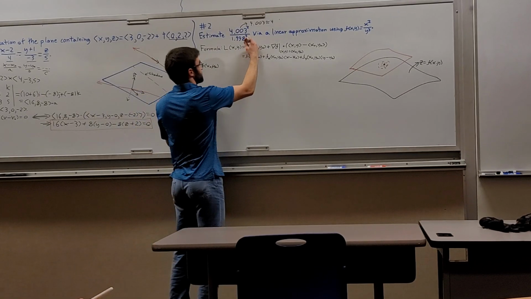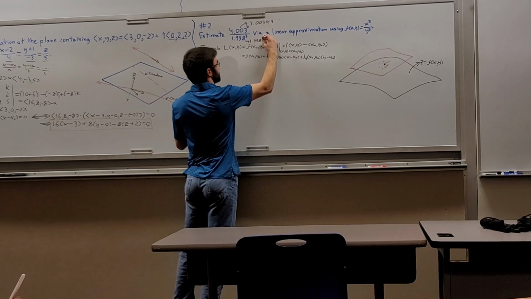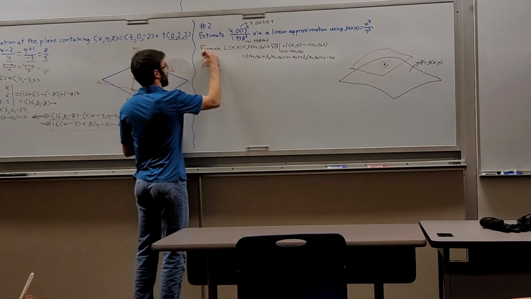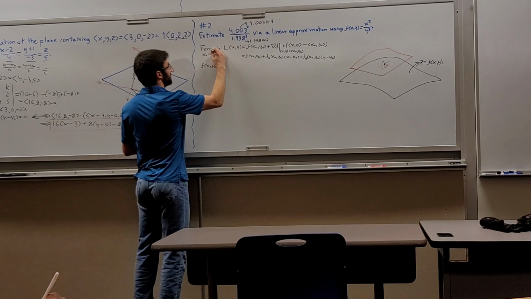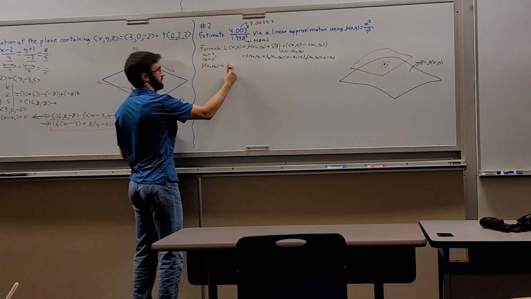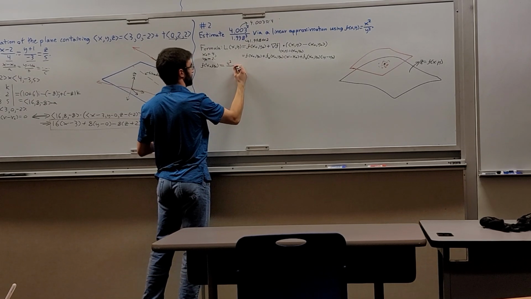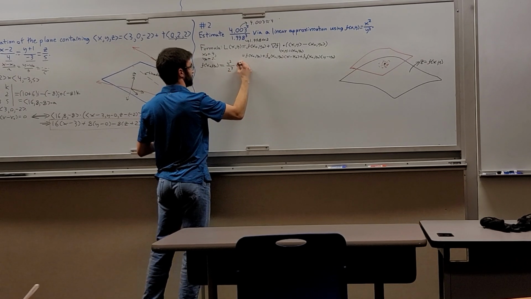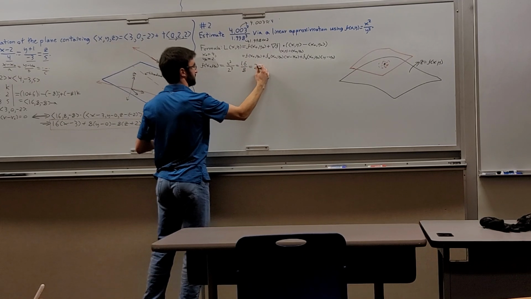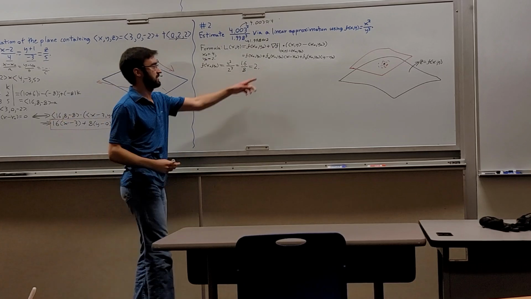And likewise, 1.998 is really close to 2, so we use 2 for y naught. If we plug this in there, we will get 4 squared over 2 cubed. So it'll be 16 over 8, which is 2. And now we'll find f sub x and f sub y.